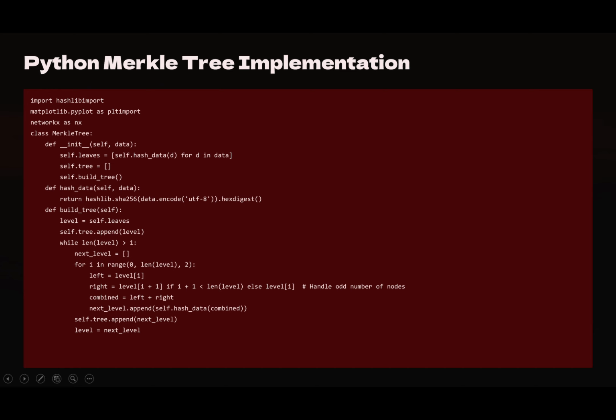Second, we build the tree. We use the build tree method, and starting from the leaves, pairs of hashes are combined together and hashed again to form the parent nodes, and this continues until the root hash is formed.